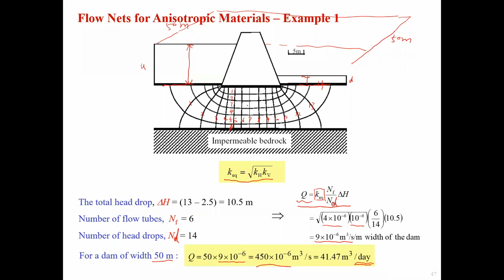It has some theoretical assumptions, so we can't consider the case when the flow net shape changes. In the real world, in summertime the water level drops. When the water level drops, you have to plot a new flow net and do the calculation. All right, thanks.